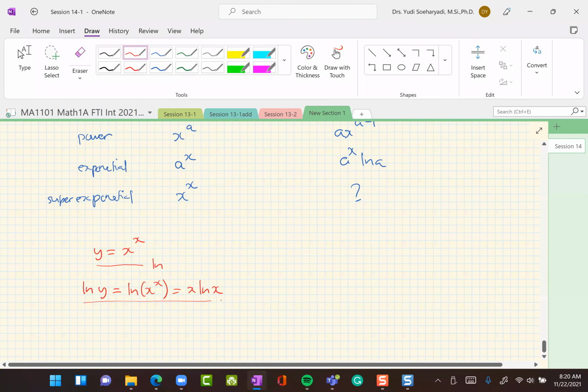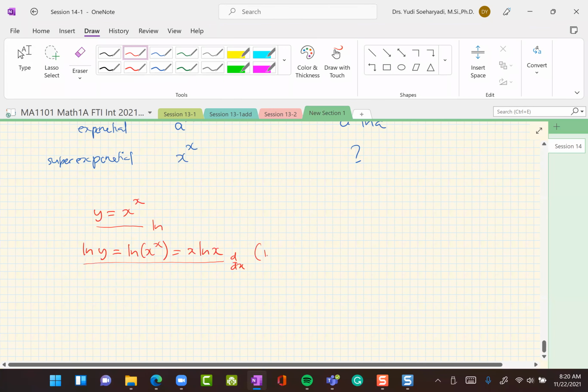And then you take the derivative. Remember this trick? Logarithmic differentiation. Okay, so because of the chain rule, you get y prime over y, and then the product rule on x ln of x. So the derivative of x is 1, times ln of x, plus the derivative of ln of x, which is 1 over x, times x.